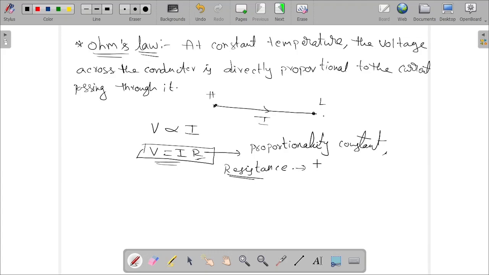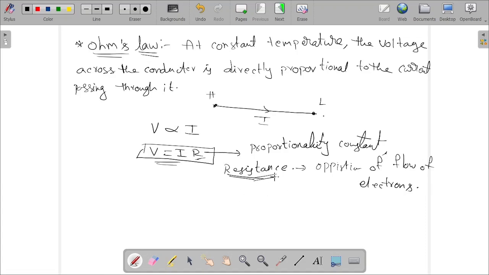Resistance is the opposition to the flow of electrons. It opposes the flow of current through the conductor, and that is called resistance.